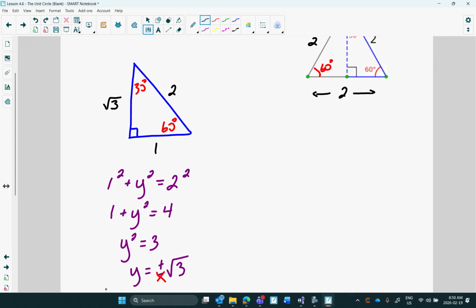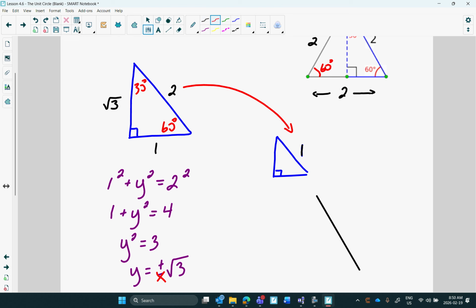But I don't want a hypotenuse of 2. I want a hypotenuse where I'll make it small. I want a hypotenuse where this is 1. What must I divide every side by?